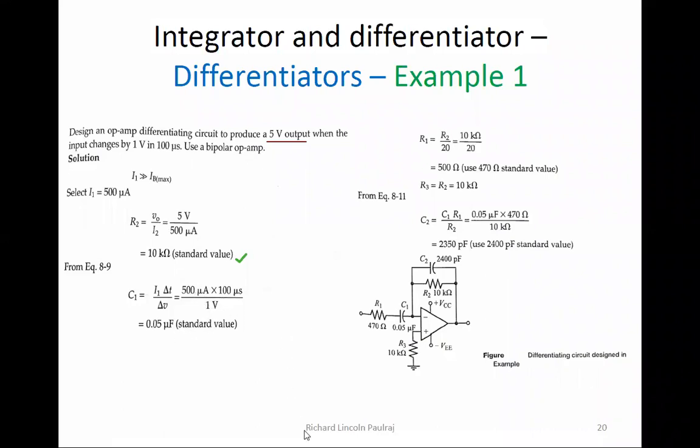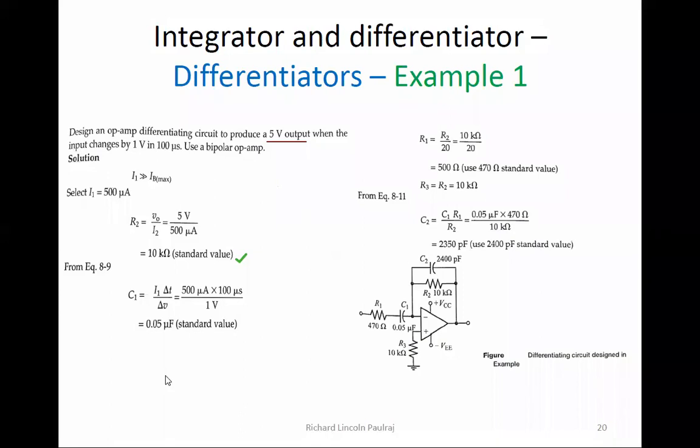So calculate and tell me if we are getting these values: 0.05 microfarad.